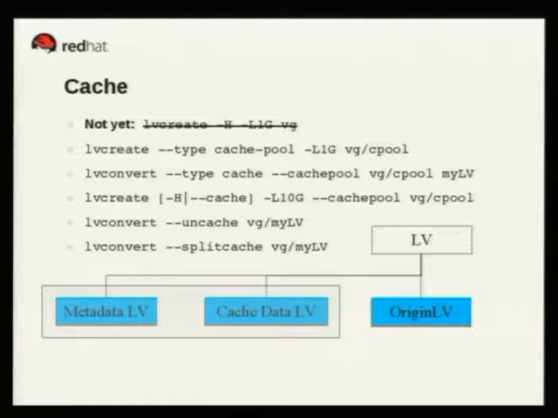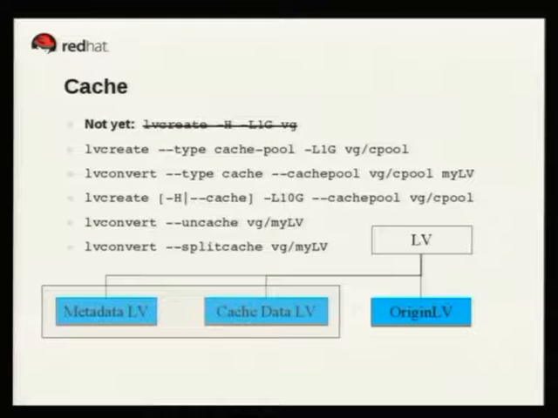If you want to uncache, again, we have the uncache option for lvconvert. And if you want to preserve the cache pool, which means you split your existing volume and your cache pool, and you can reuse the cache pool for something else, then it's the split command. So the split cache will just dismount these things from being together.